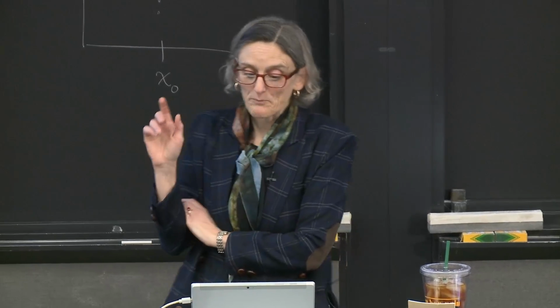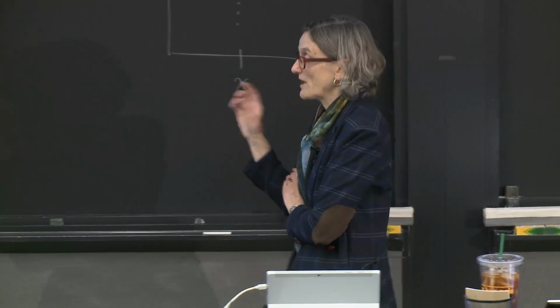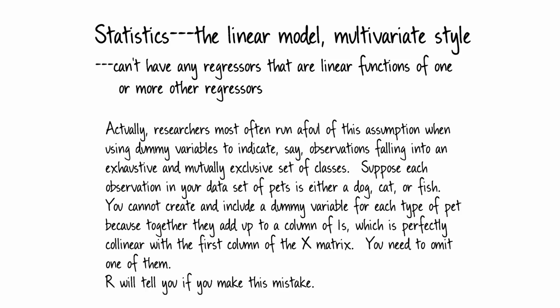A second example of this perfect multicollinearity, and one that researchers run afoul of all the time, is when they use dummy variables to indicate observations falling into an exhaustive and mutually exclusive set of classes.